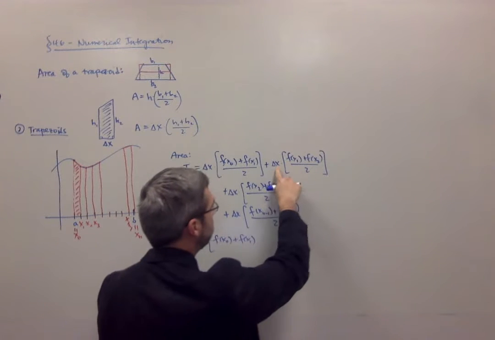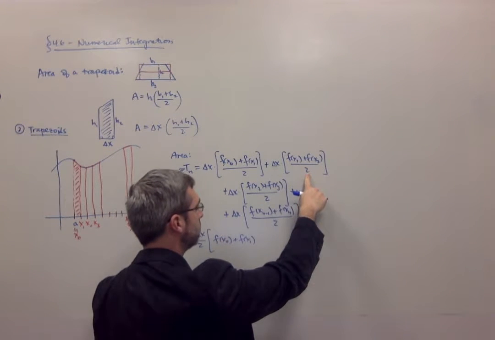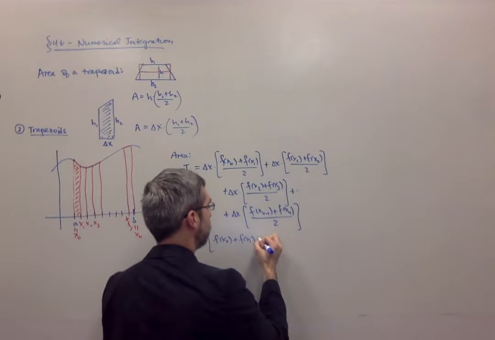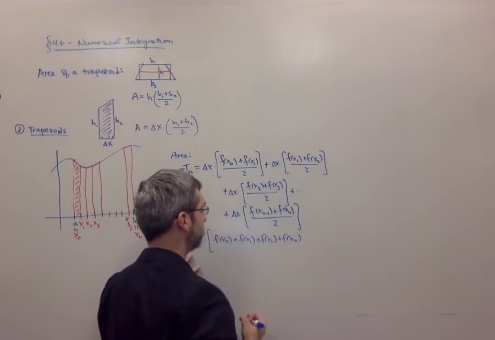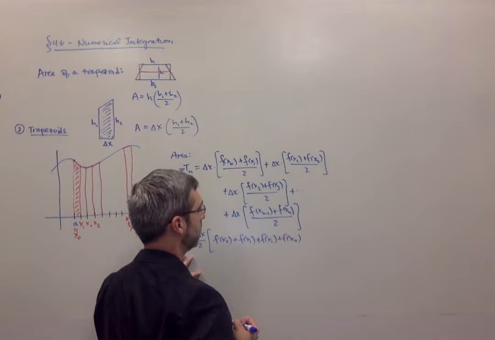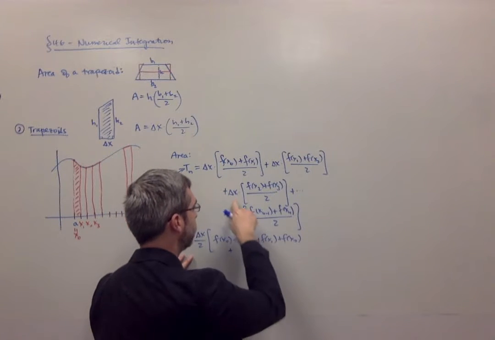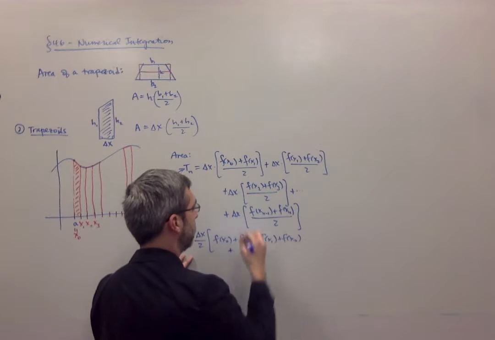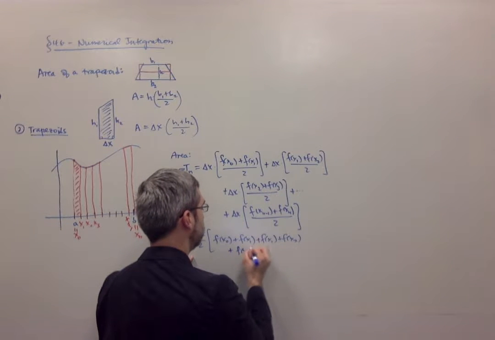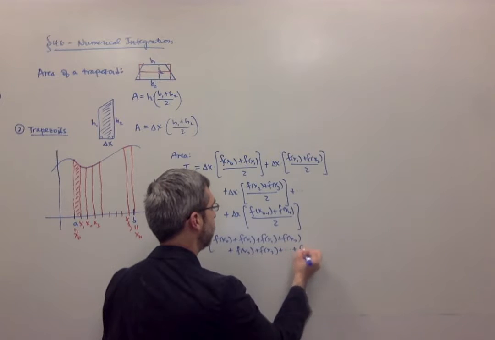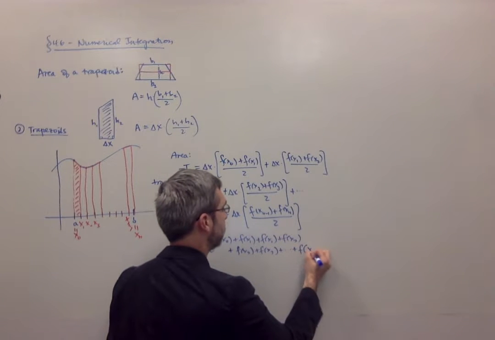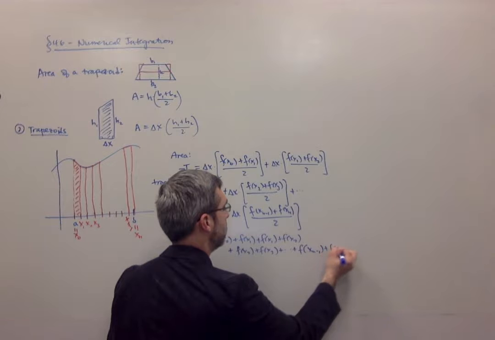Going to the next one, I've pulled the delta x and the over 2 out, and I'm left with another f of x sub 1 plus f of x sub 2. Going to the next one, I'm left with f of x sub 2 plus f of x sub 3, and that continues on until I get to this last one, which is f of x sub n minus 1 and f of x sub n.